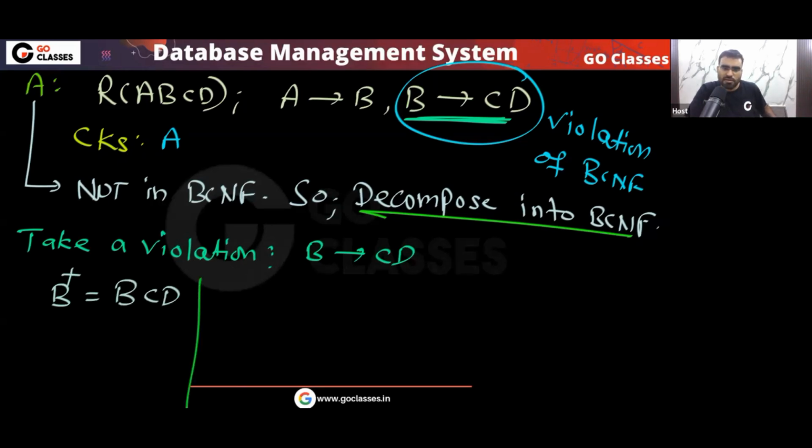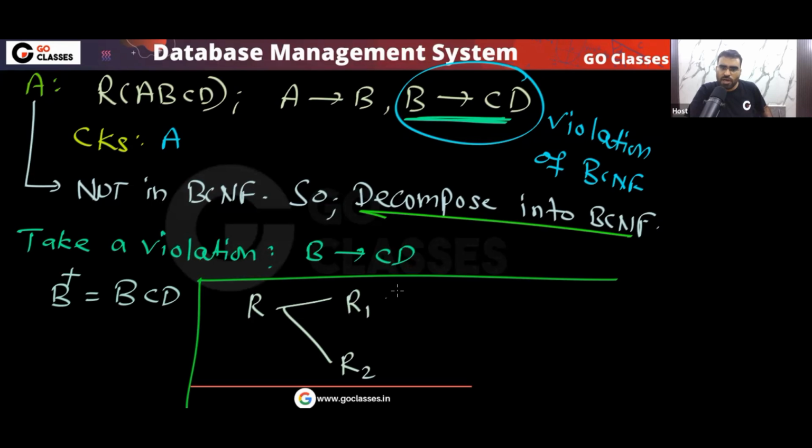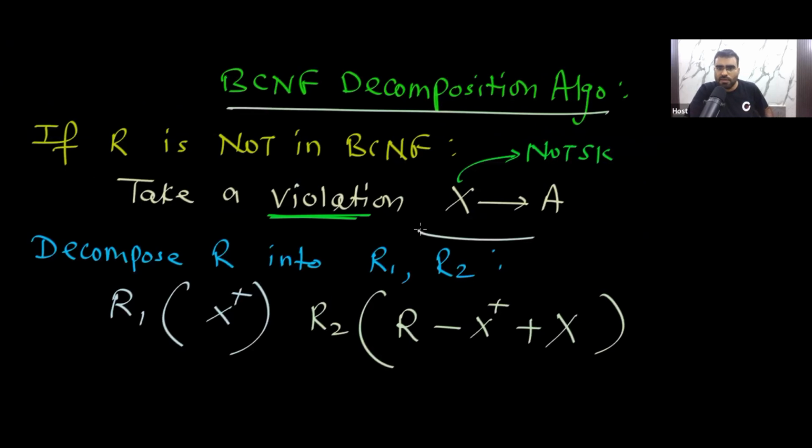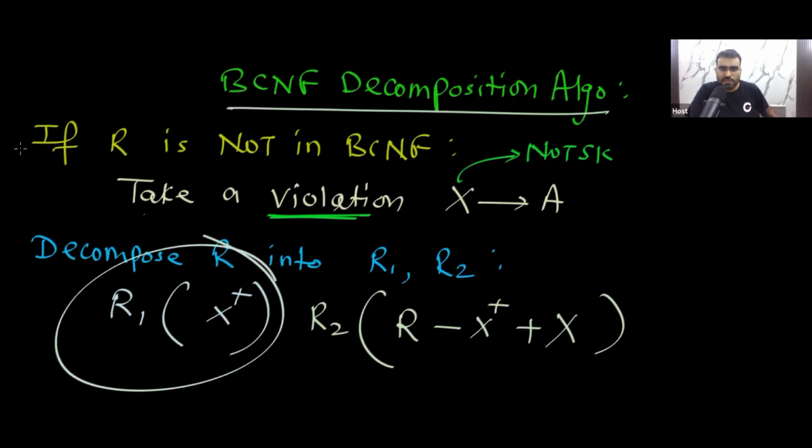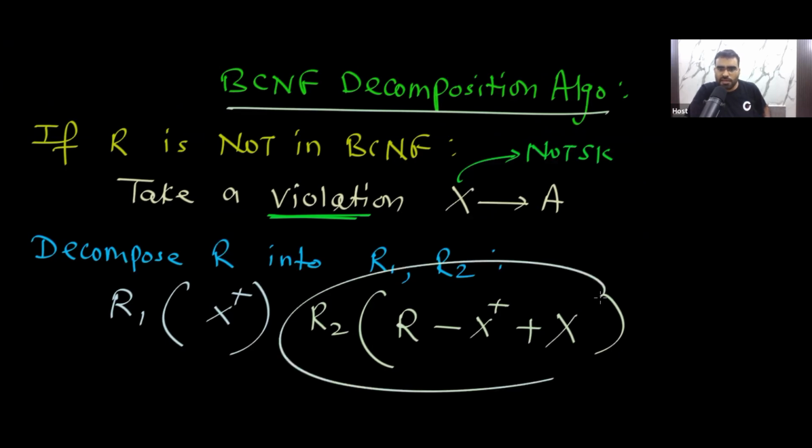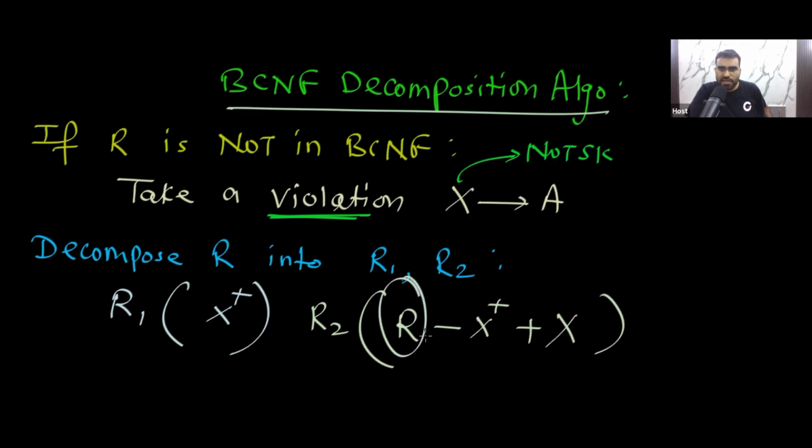Now you divide this relation R into R1 and R2. R1 will have this BCD. As I told you, if you have a violation, you find X plus, and this X plus will be one relation. The other relation will have all the attributes minus X plus, but don't remove the X attributes.